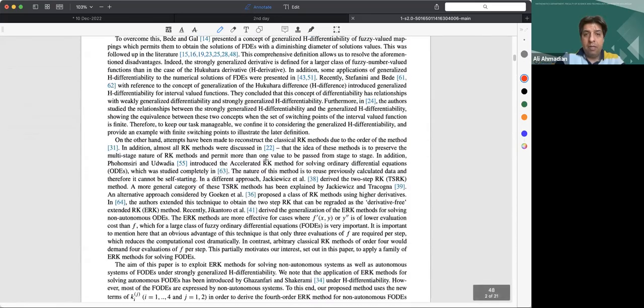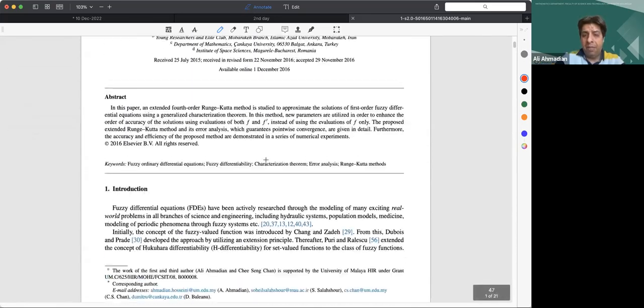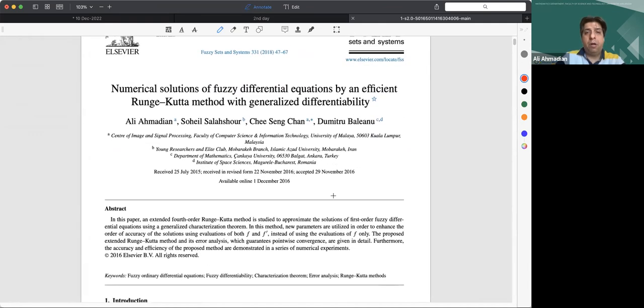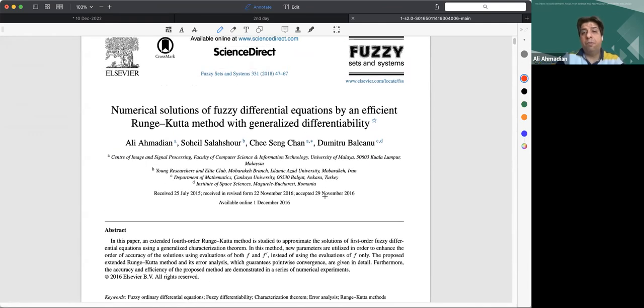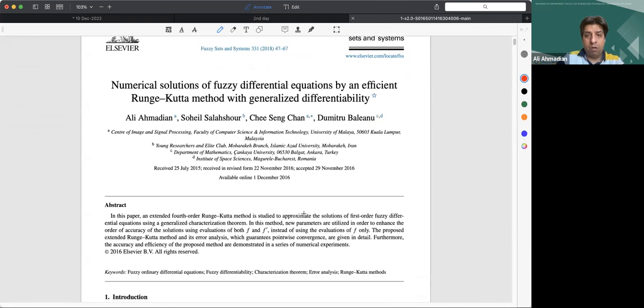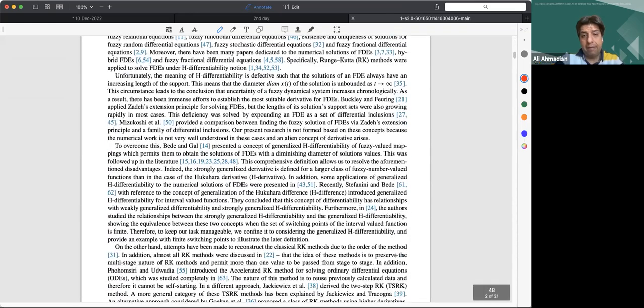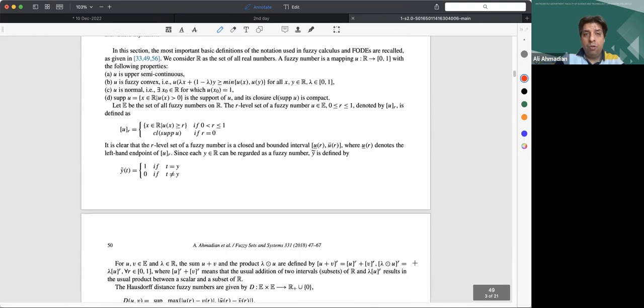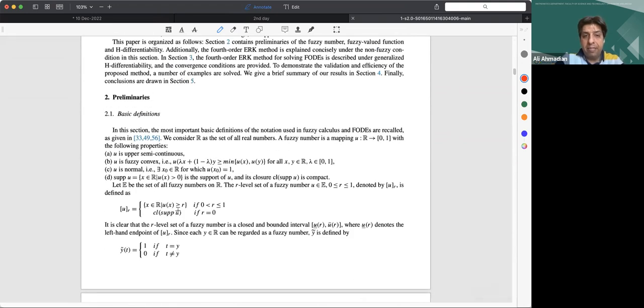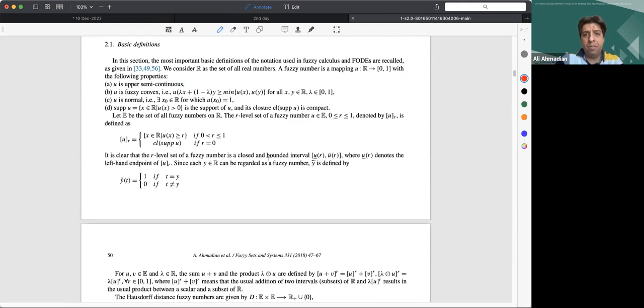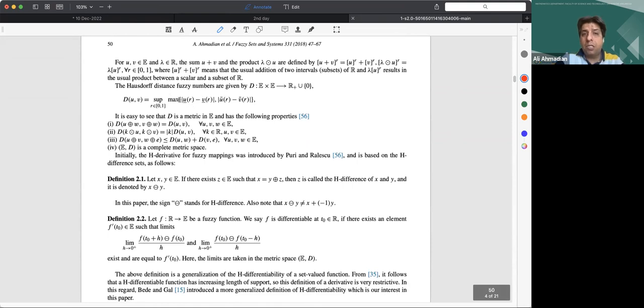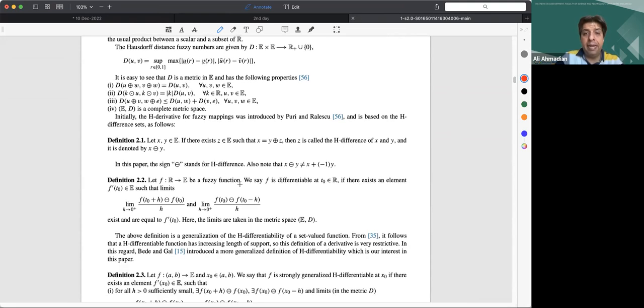So this is an article I published in 2018: Numerical solution of a fuzzy differential equation by an efficient Runge-Kutta method with the generalized differentiability. It was published in Fuzzy Sets and Systems. But the important thing is that once we go through, you can see that we start with some basic definitions, like what we have about the support, the properties of a fuzzy number, and the Hausdorff distance, which I just explained.